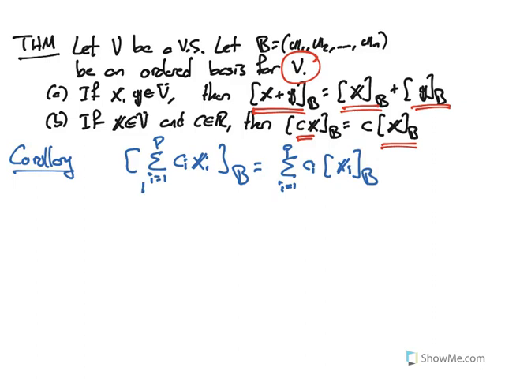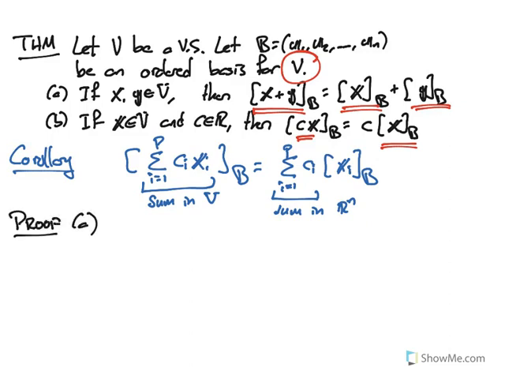So the important point here is that this is a sum in V, and this is a sum in Rn. And the proof here is really extremely straightforward. It's just uniqueness.